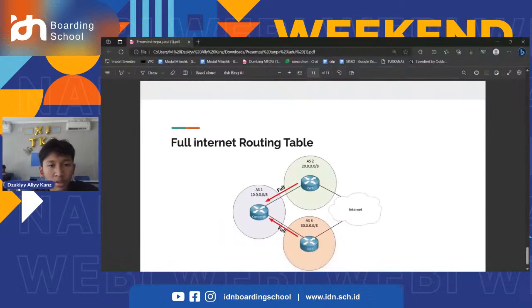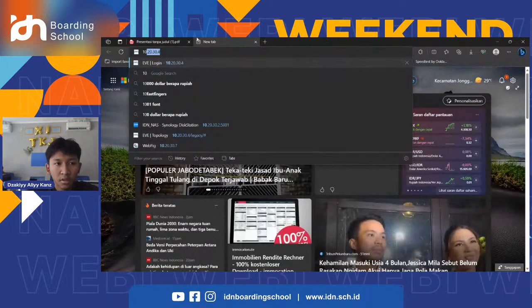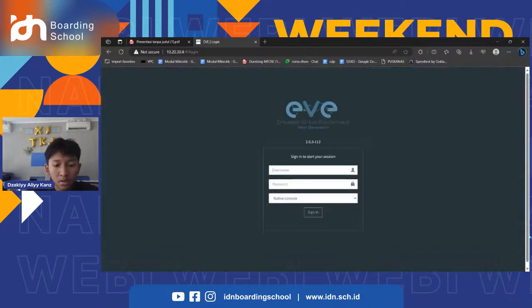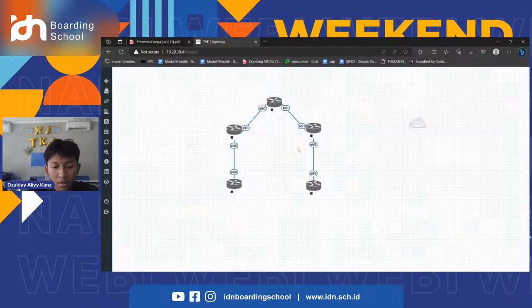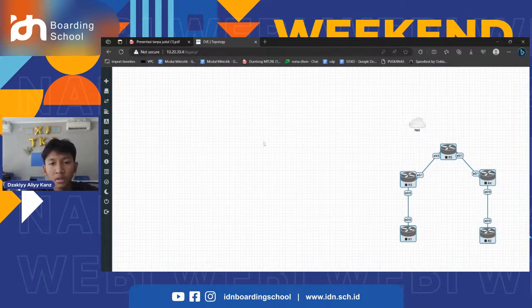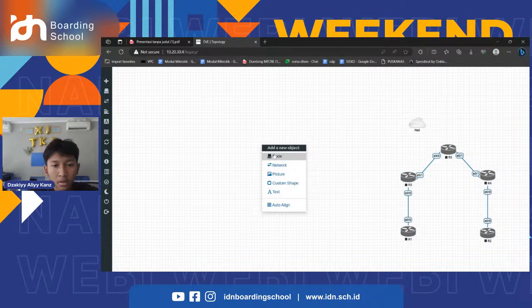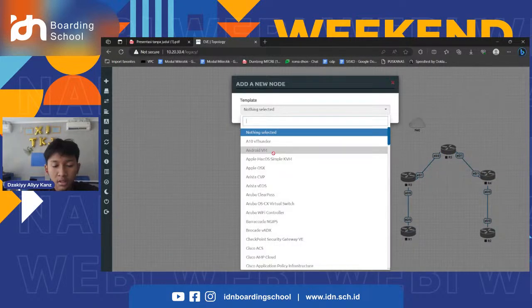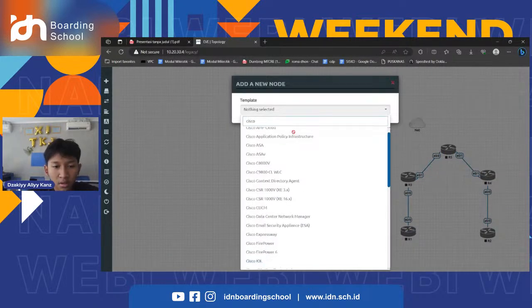So now we'll try the BGP configuration with EVE-NG. Okay, I will enter EVE-NG first. I will make a new router with Cisco IOL.